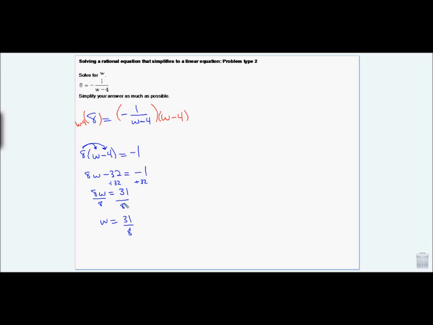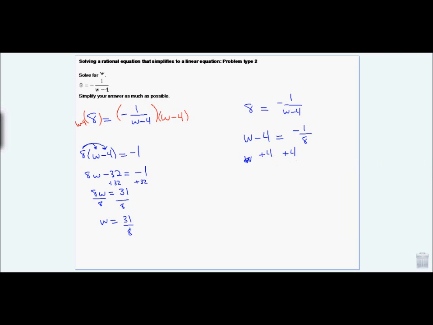Now, I can use that same sort of shortcut method that we used on the other problems. If we do this, we're going to be dealing with adding and subtracting fractions, which is completely fine. I'm going to switch the w minus 4 and the 8. So I add 4 to both sides.